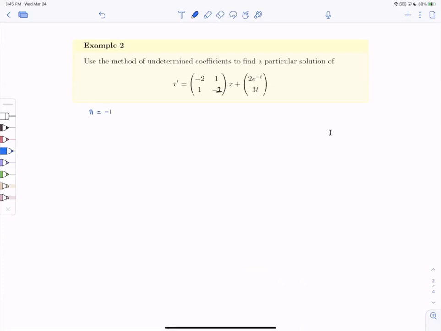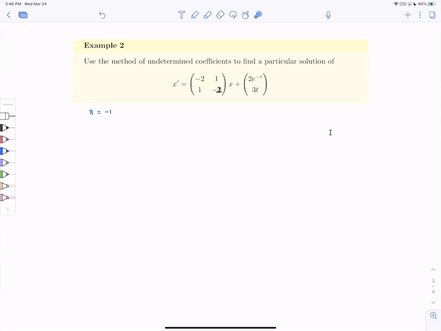Okay? Based on this, right now I don't need the eigenvector, because they ask you to find a particular solution. You just need to know if your particular solution is going to be linearly independent with your complementary solution.